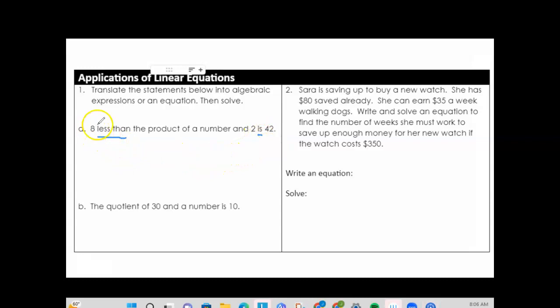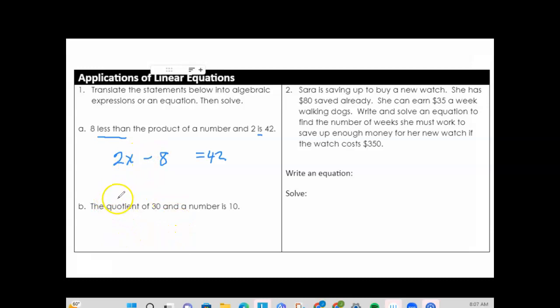So equal 42. 8 less than is going to be subtraction, so minus 8. It's backwards because less than is backwards. The product of a number and 2, so that means multiplication. So 2x minus 8 equals 42.